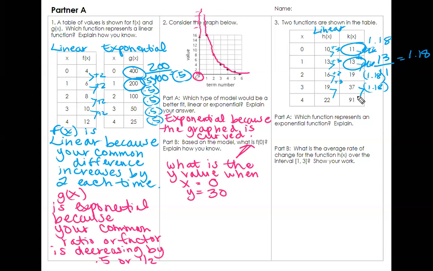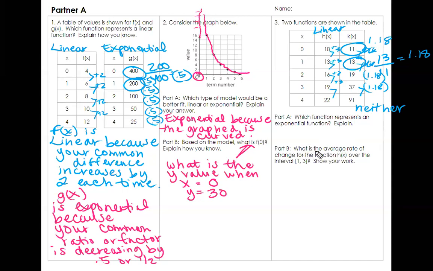Do I get to 43? No. So if it's not linear, and it doesn't have a common difference, and there's no pattern when you multiply, then it's neither. So you can't multiply and you can't add or subtract. So you would put neither.